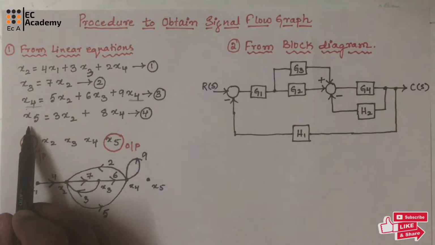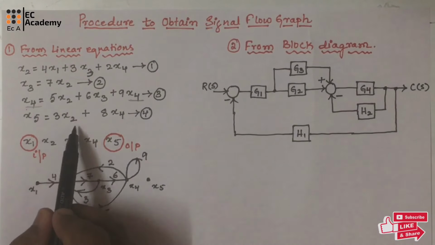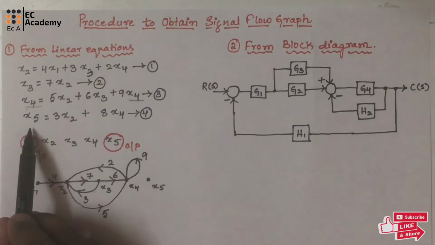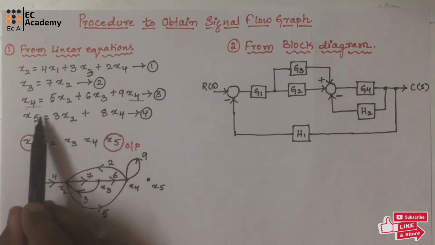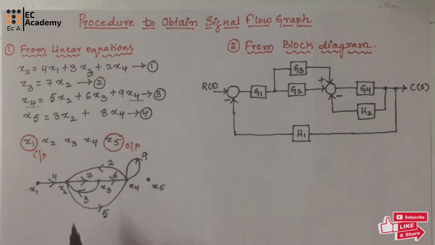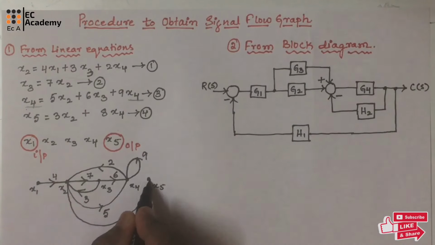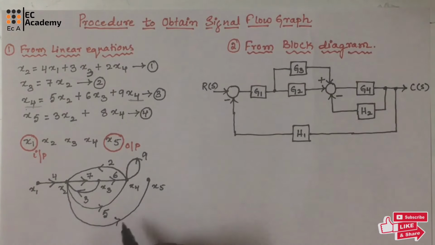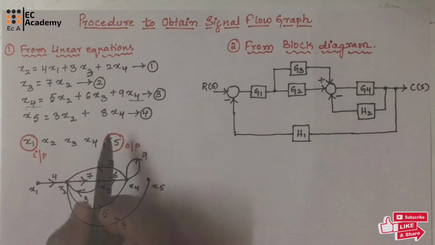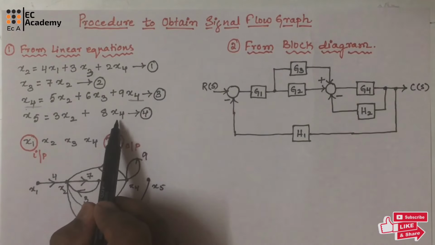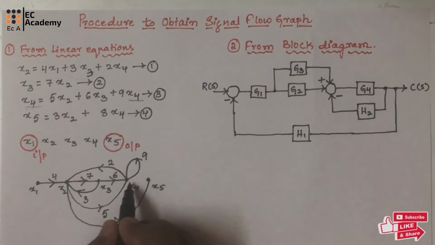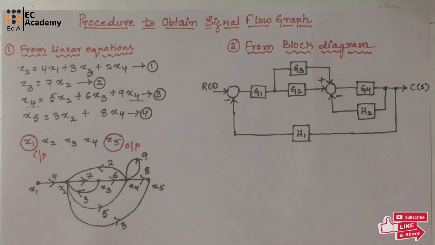In equation 4, x5 is equal to 3x2 plus 8x4. At node x5, it is the addition of 2 signals from x2 and x4. We can't join x2 and x5 using a straight line, so let us take a loop to join x2 and x5 and write the gain as 3. x5 also has a signal from x4 with gain 8, so draw a forward path here and write the gain as 8.